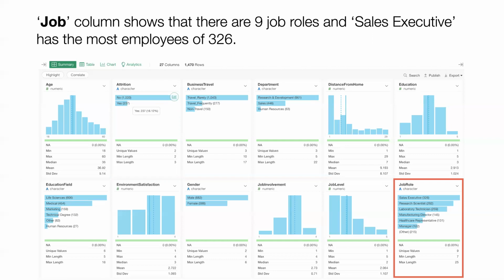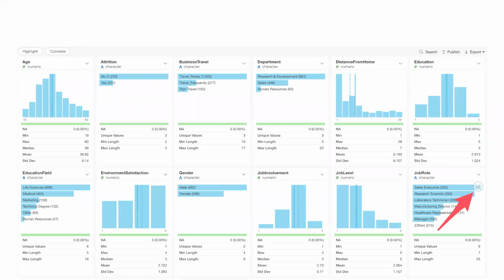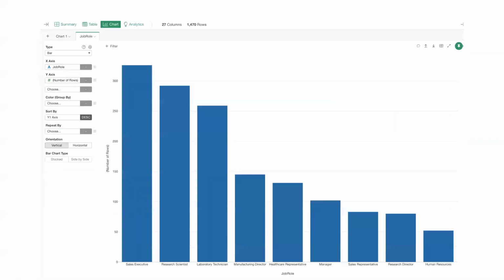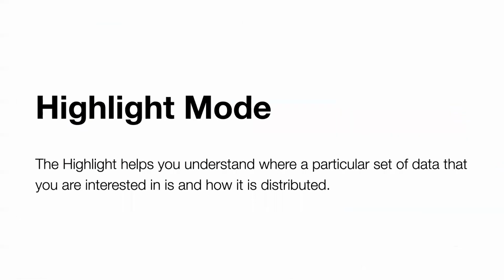So if you want to see all of the job roles, you click on the chart icon when you move the mouse over, and then you get that chart as well. Okay, so that's the summary view. It's nothing new, you have probably seen that before, but this is why there's always a summary view in Exploratory, because that's the key element of performing EDA, or exploratory data analysis.